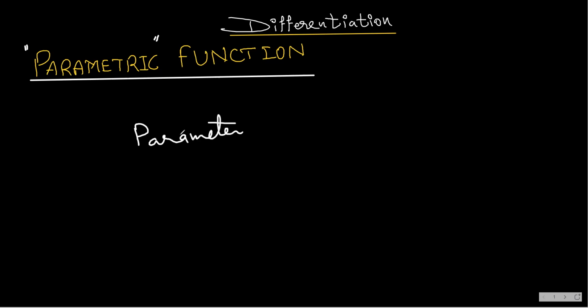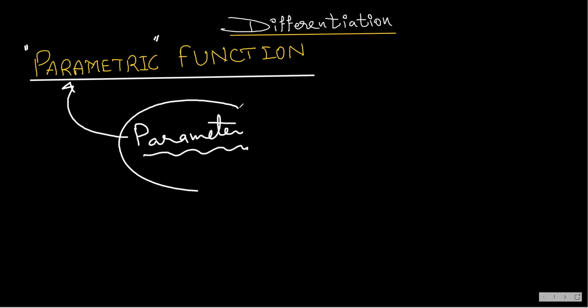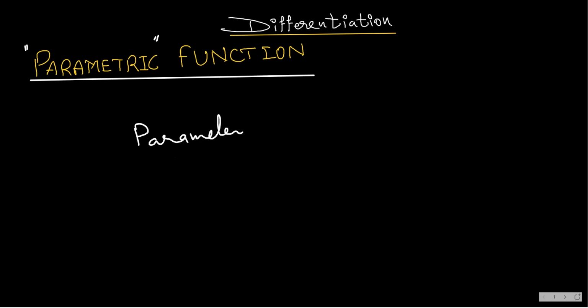So this word parametric is a derived word from parameter. Parameter is the parent word. This word comes first, and then you have parametric.